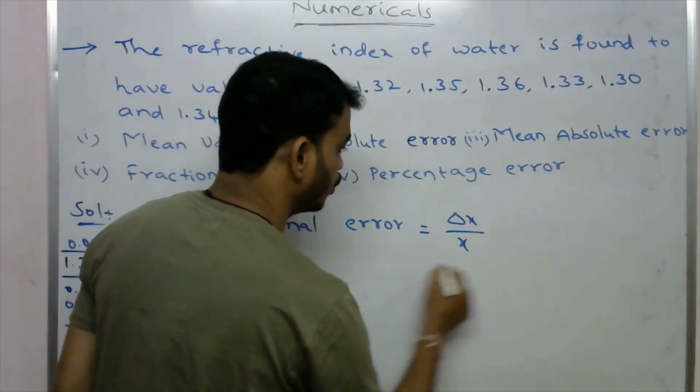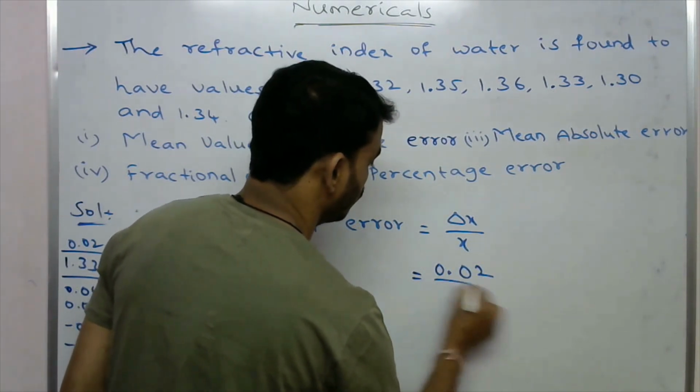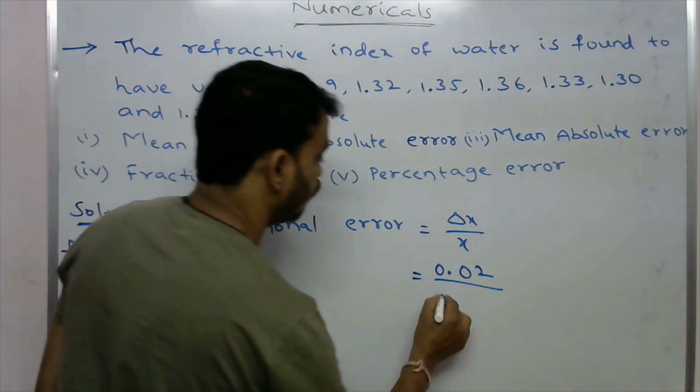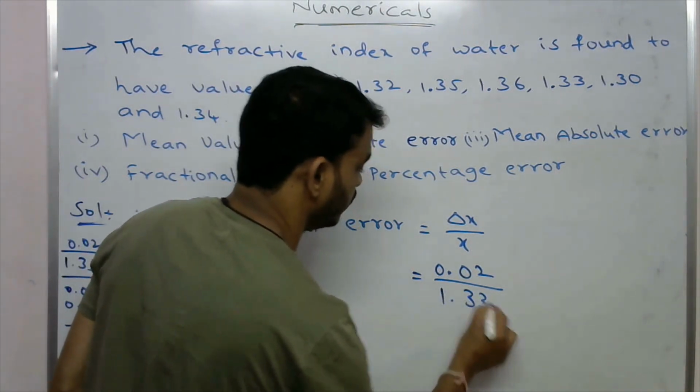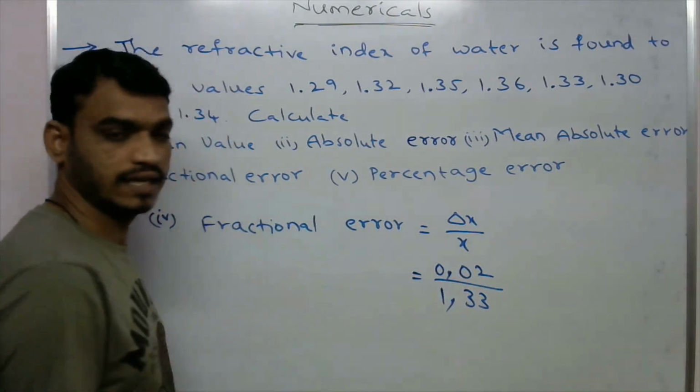So mean absolute error value is 0.02 by x value is 1.33. Okay, so now these points will be cancelled.